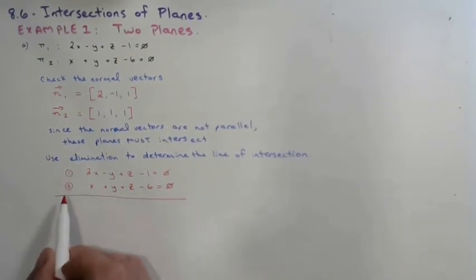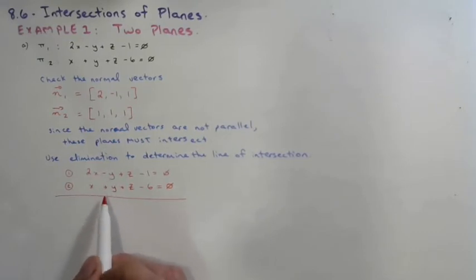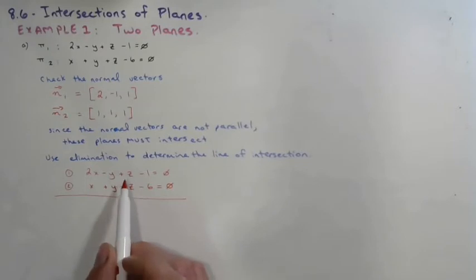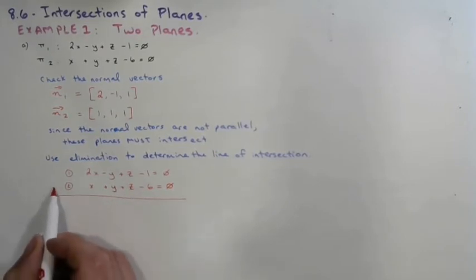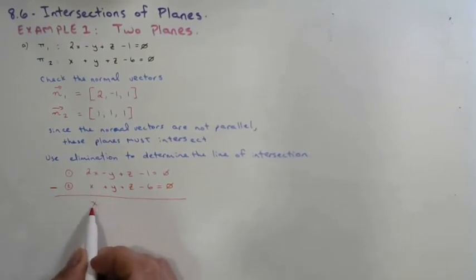And it's at this point that I would have multiplied one or both of the equations by a constant if I needed to, but I see that I have the same coefficient, 1, in front of the y's and 1 in front of the z's. So I'm actually going to eliminate the z's by using subtraction here. So we've got 2x minus x, that's just 1x.